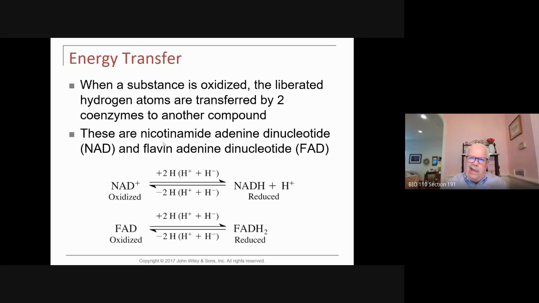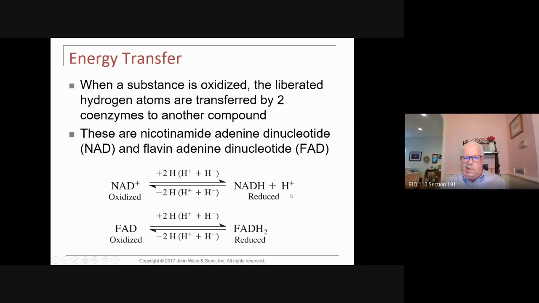So what you're doing is you're taking that electron or 2 and you're adding it to the coenzyme. Now, when you add hydrogen to a coenzyme, it's the same as being reduced because you're adding hydrogen. So the 2 hydrogens that come out of oxidation of a molecule, one is added to NAD, and NAD becomes reduced.